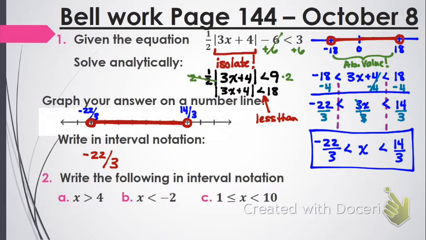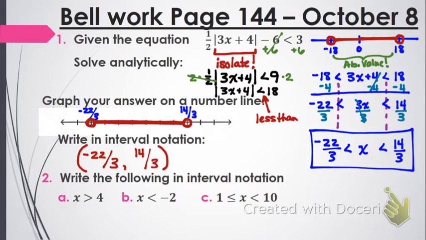If it has the or equal to, that's when we use a square bracket. Here I'm going to use a parenthesis because it's not filled in. We shade from there all the way up to what? 14 over 3. Parenthesis or bracket here? Parenthesis, because we have an open circle again.